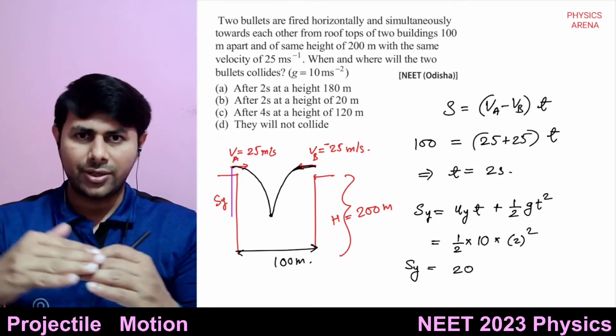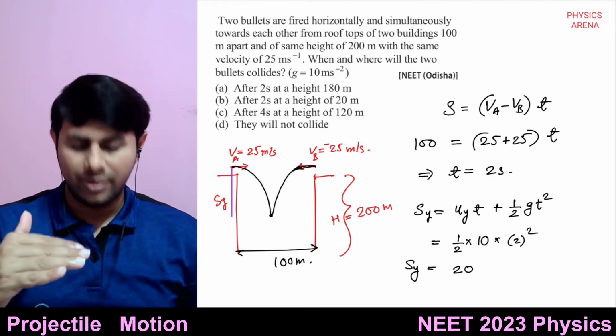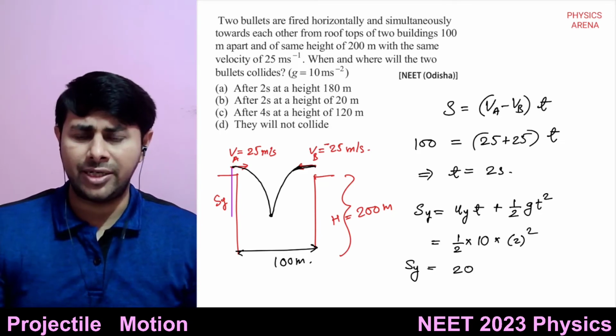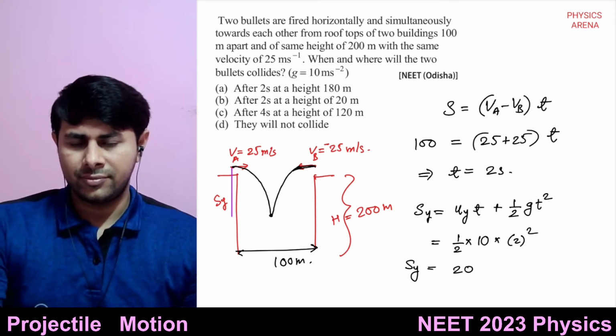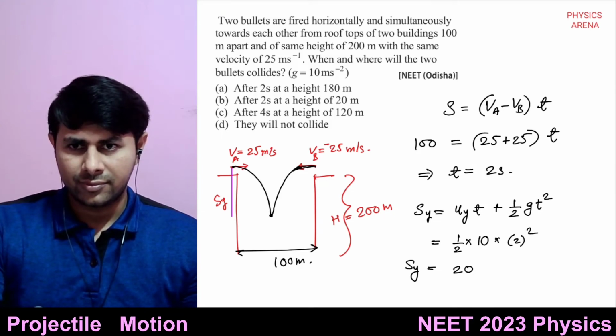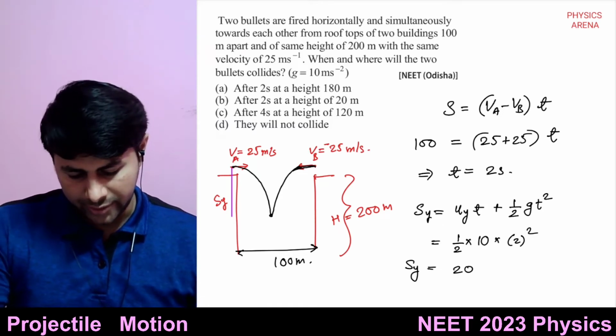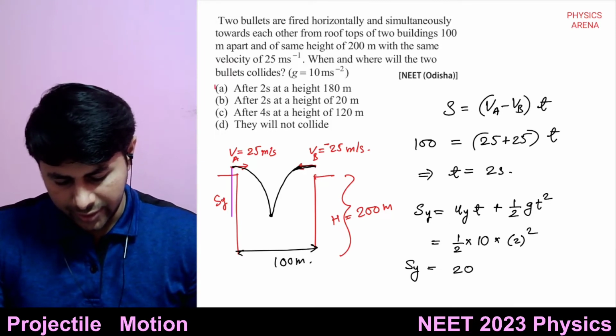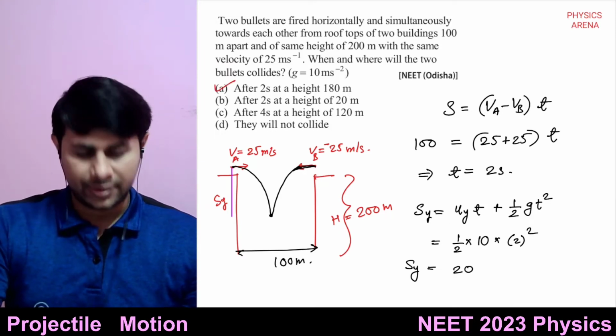So they are still at the height of how much? 200 minus 20, 180 meters. So what's the answer? Option A is the answer.